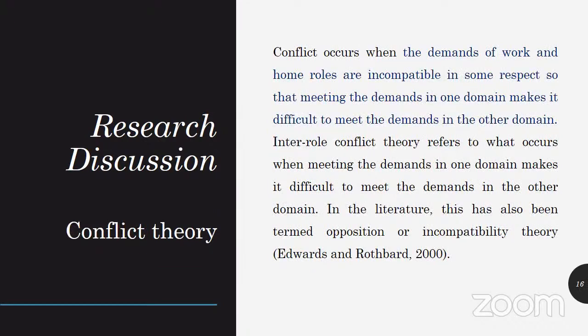Conflict theory. Conflict occurs when the demands of work and home roles are incompatible in some respect, so that meeting the demands in one domain makes it difficult to meet the demands in the other domain. Interrole conflict theory refers to what occurs when meeting the demands in one domain makes it difficult to meet the demands in the other domain.